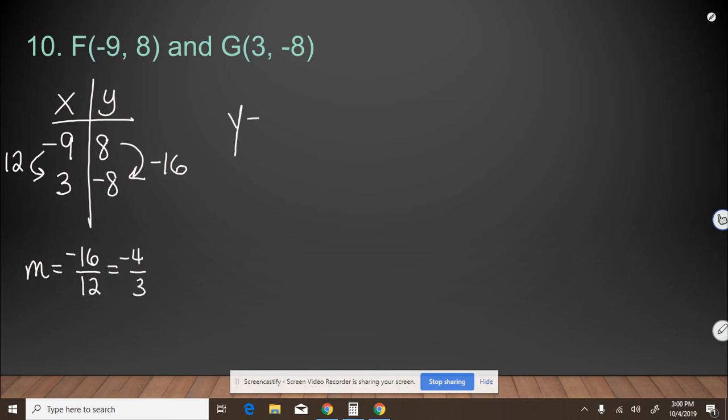Start writing my equation. Y equals -4/3 x plus b. Again, my next step is to plug in a coordinate. In both cases here, I have negative, so I'm just going to choose one. I'm going to go with -9 and 8, so 8 goes in for y, and -9 goes in for x.